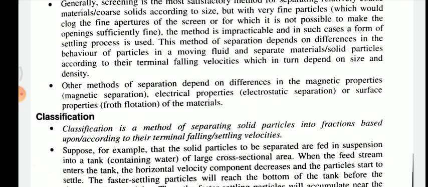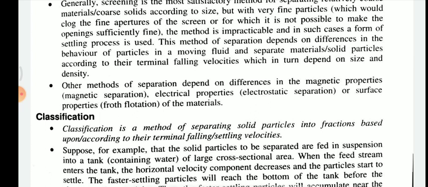If that is not the case, some particles are charged either positively or negatively, becoming positively or negatively charged material, and then they can be separated. So it is called magnetic separation.